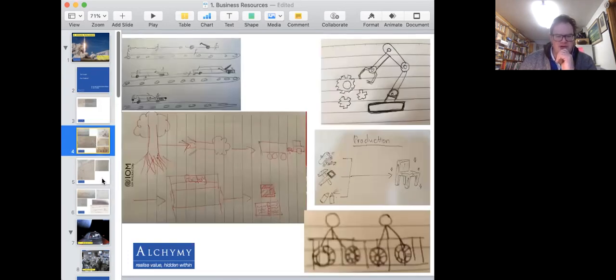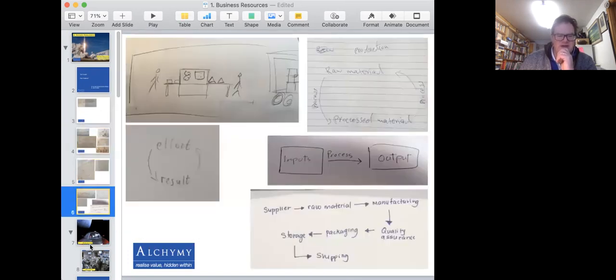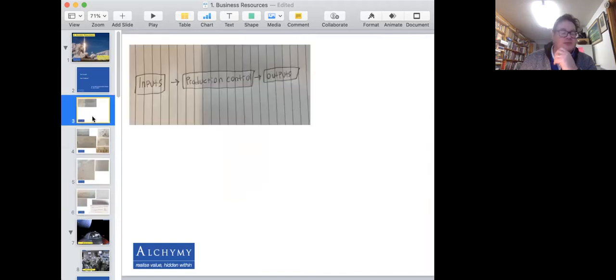I'm just showing you some other examples that we've had from other people in the past. My point is that this is going to be core to this: input, something in the middle here, production control, or operations, or manufacturing, or just processing, leading to outputs.